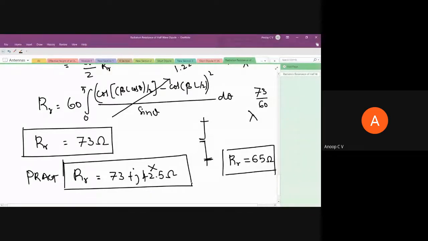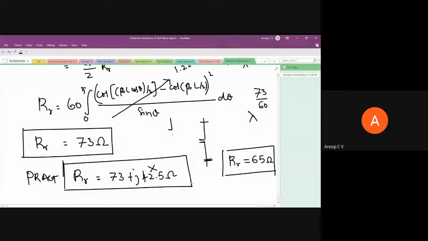So that is about the radiation resistance of a short half wave dipole antenna. We can have many variants of this half wave dipole, like the center fed dipole. We also have the folded dipole antenna. You might have seen the old television antenna, the Yagi-Uda antenna.